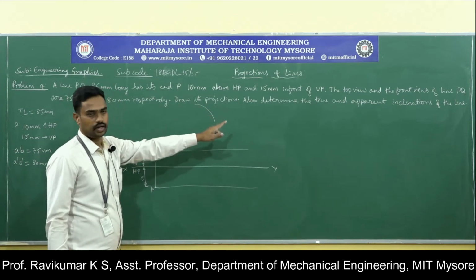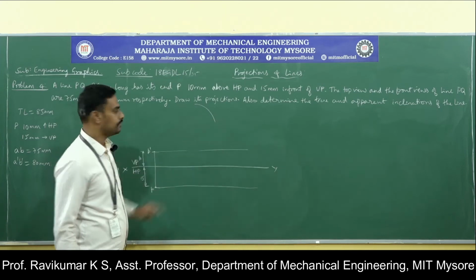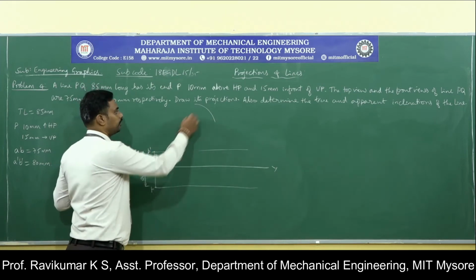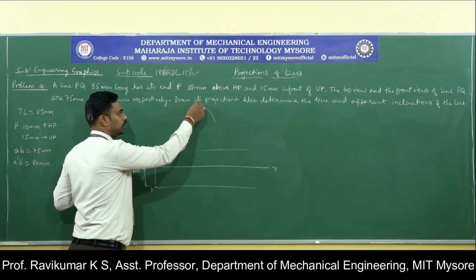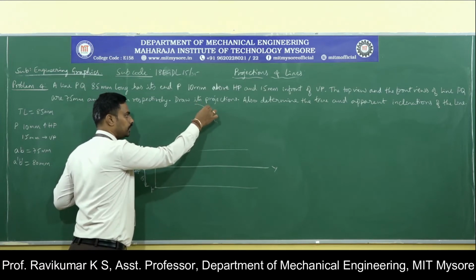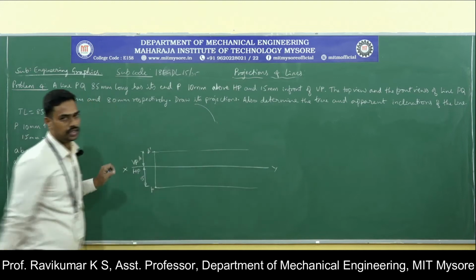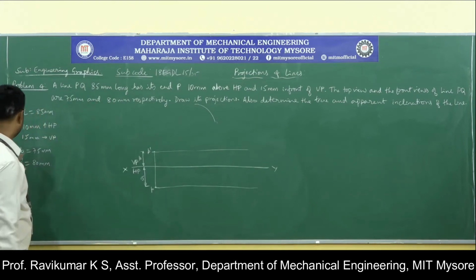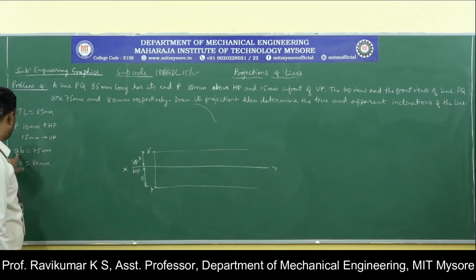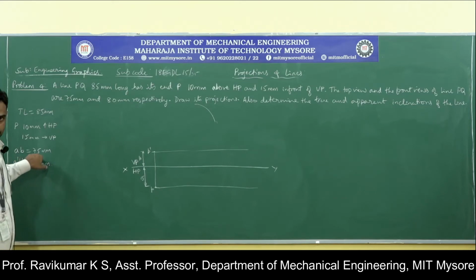But here the angle is not given to draw the line. So the true length may fall anywhere on this curve. This can be here, on this point, on this point, on this one, anywhere it can be there.